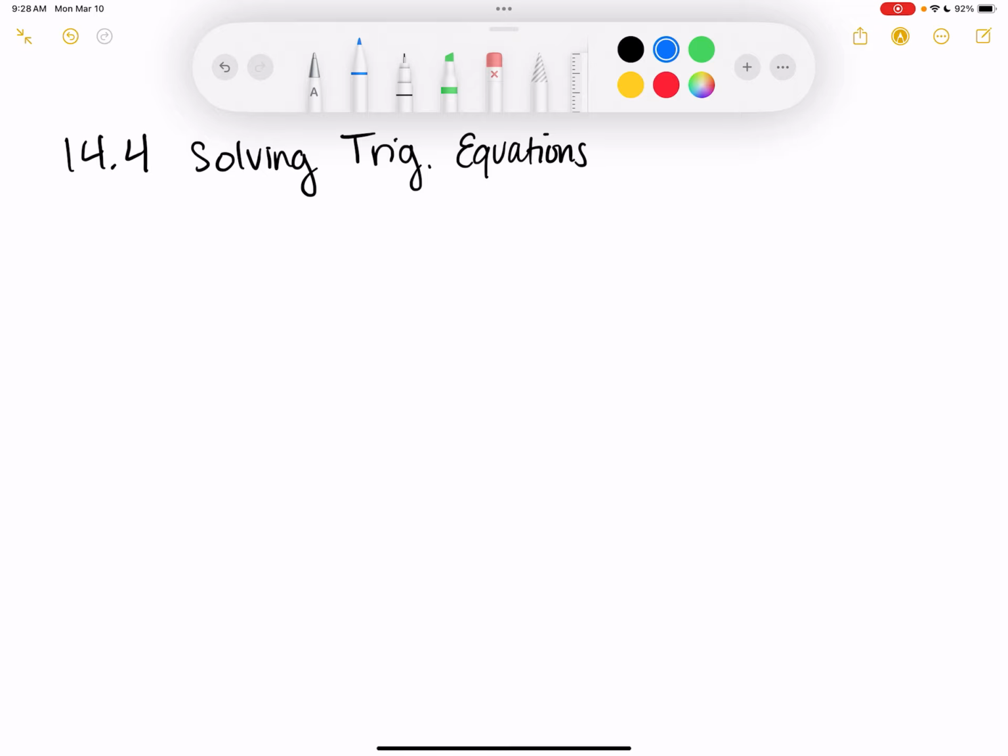So when we get any solution, we need to check for extraneous solutions. Anybody know what an extraneous solution is? An extra solution that doesn't work. Yep. It's basically a solution to a problem that doesn't work.